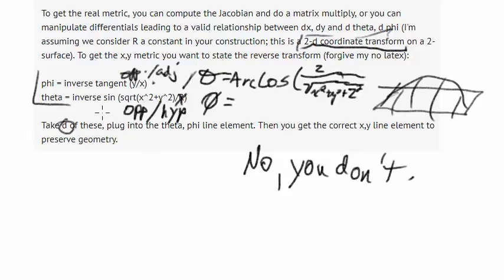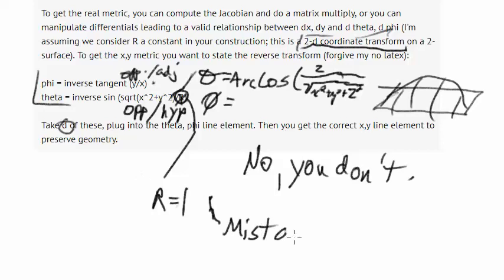You can't even do this derivative if you leave r equal 1 in there, because you're in the wrong format if you do that. So that's good. There's an actual mistake here. So if there's a mistake, then I can say, okay, maybe.